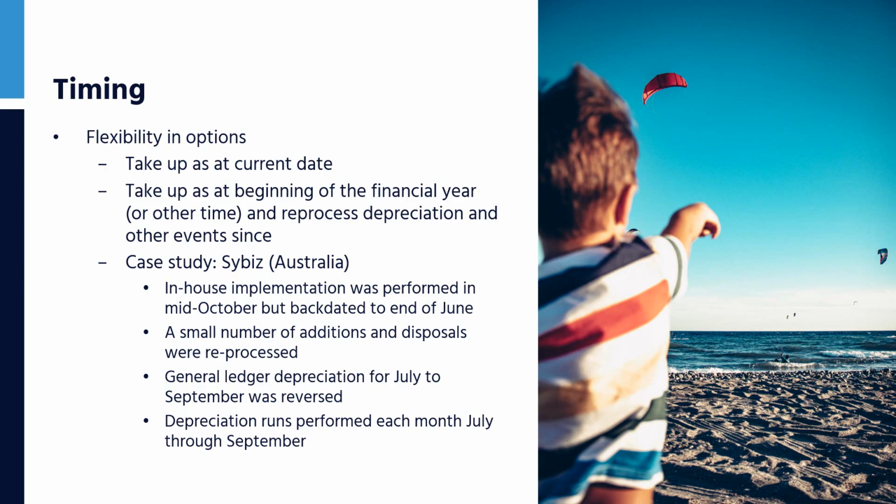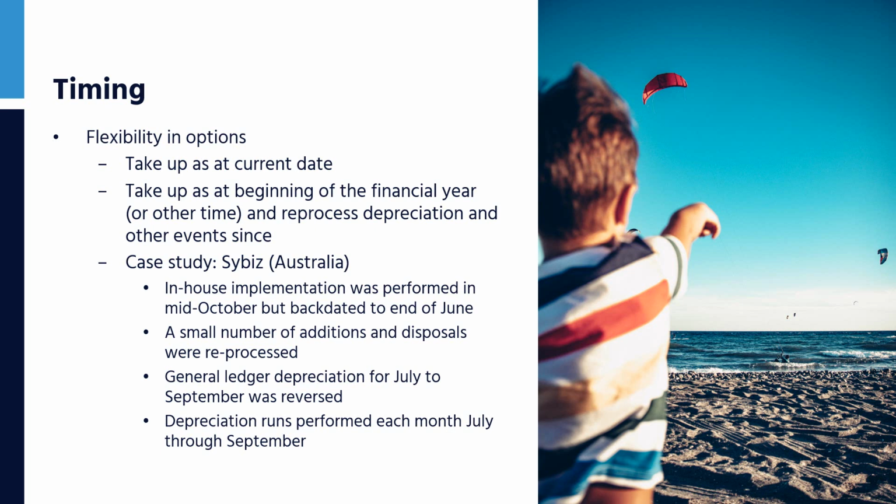So that necessitated the general ledger effect, or the general ledger journals representing depreciation for the financial year to date. Again, this is in the Australian context from July. We reversed those out and then redid the depreciation runs. That gave us the ability just to validate calculations that were occurring.